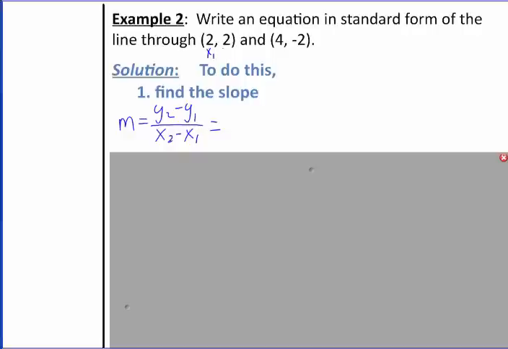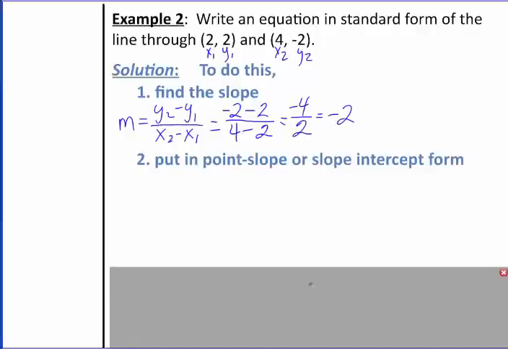So this is x1, y1, this is x2, y2. Then you plug them in: y2 is -2 minus y1, which is a +2, over x2, which is 4, minus x1, which is a +2. Then you simplify, so we get -4 on top, +2 on bottom. -2 is my slope.